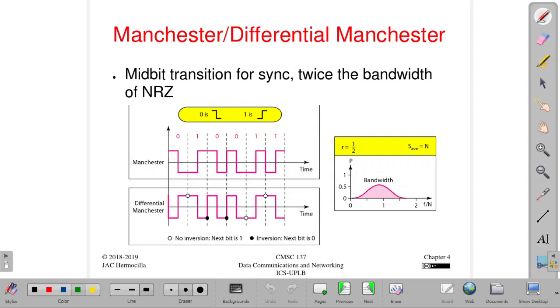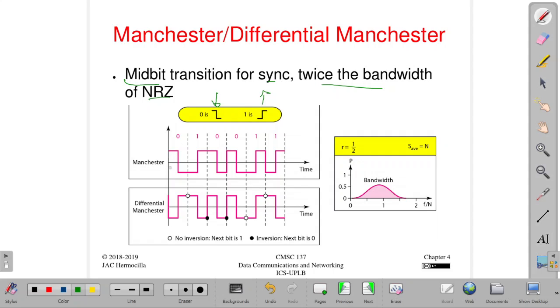So the next one is the Manchester and differential Manchester encoding. It also has a mid-bit transition for synchronization. However, it requires twice the bandwidth of NRZ. So here 0 is represented as the transition from high to low, and 1 is represented as transition from low to high.